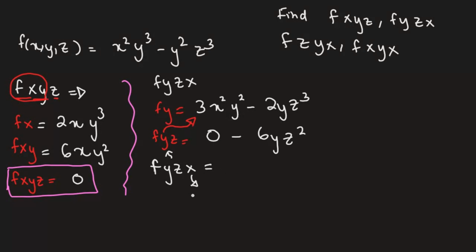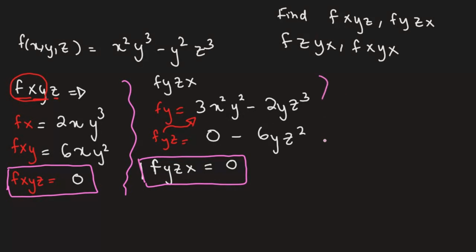So we are keeping y and z as constant, so this whole thing is a constant. The derivative of a constant is 0. So this is the answer to f of y of z of x. That's 0 as well.